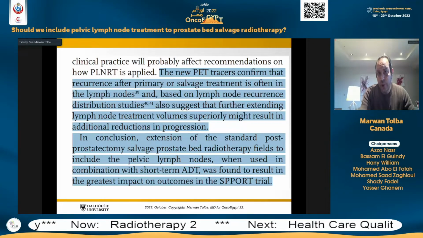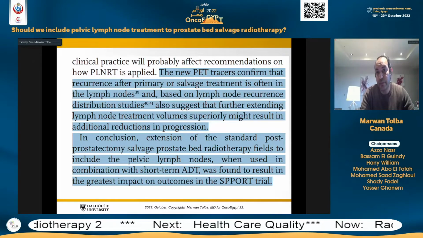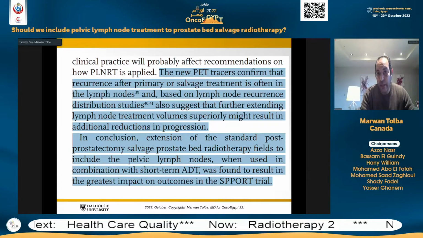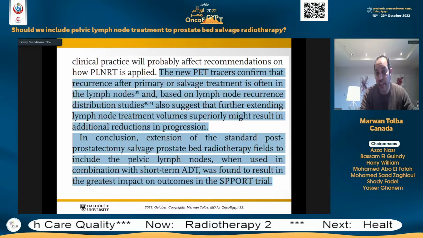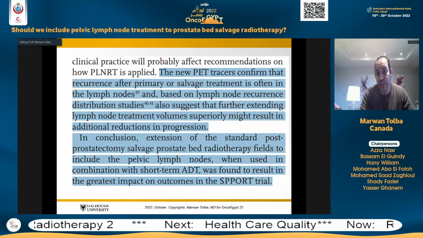I will quote here the conclusion of the trial. The new PET tracers confirm that the recurrence after primary or salvage radiotherapy treatment is often in the lymph nodes. Based on that node recurrence, we can define our management, and that was based on the lymph node recurrence distribution studies. Also, they suggested further extension of the lymph node treatment volume superiorly.